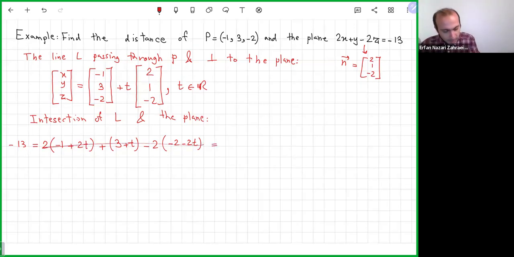This is the one equation, one unknown that I can easily solve for t. Let me expand these. I get negative 2 plus 4t plus 3 plus t plus 4 plus 4t. If I add the numbers, negative 2, 3, 4, that's 5. And if I add t terms, that's 4 plus 4 plus 1, 9t.